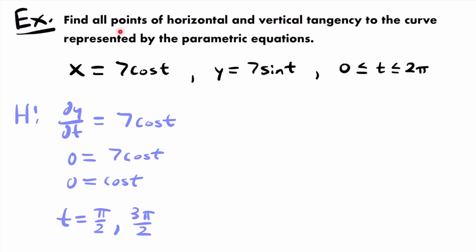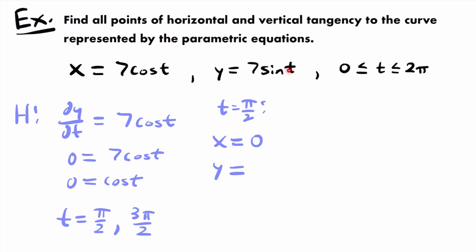All right, but these are just the values of t. We want to find the points of horizontal and vertical tangency, and so to find the actual points where we have horizontal tangent lines, we need to plug these values of t into our parametric equations. And so let's start by plugging pi over 2 into our parametric equations. When t equals pi divided by 2, x will be equal to 7 times cosine of pi divided by 2, but we know that cosine of pi divided by 2 is 0, so x is equal to 0, and then y will be equal to 7 times sine of pi divided by 2.